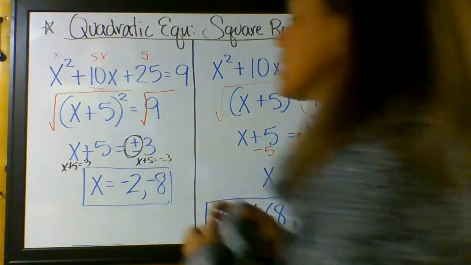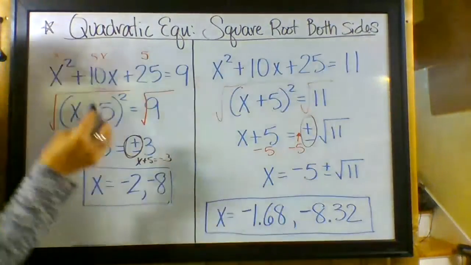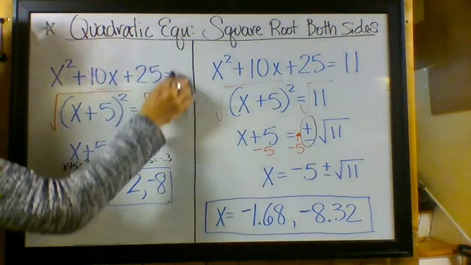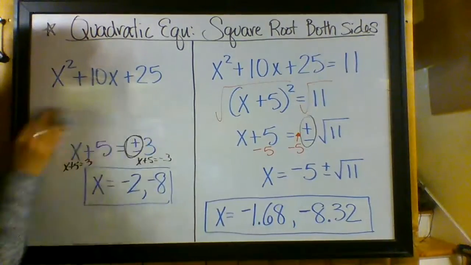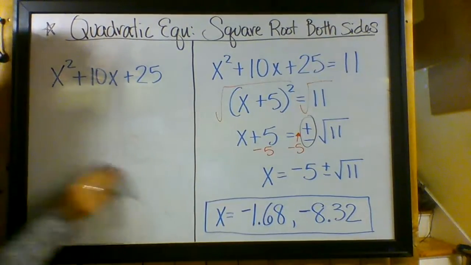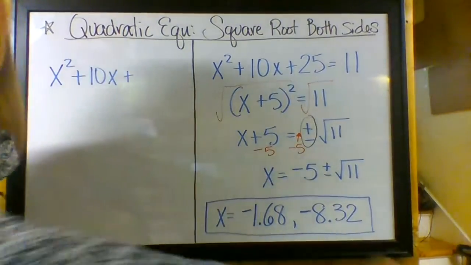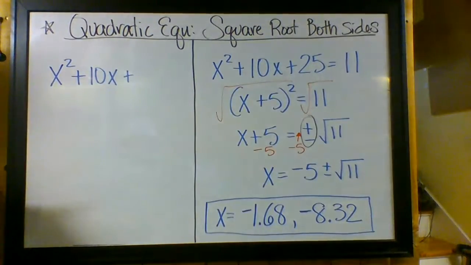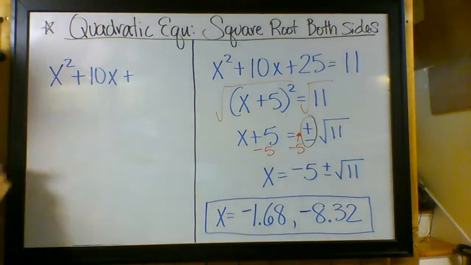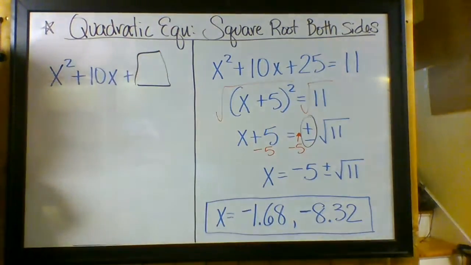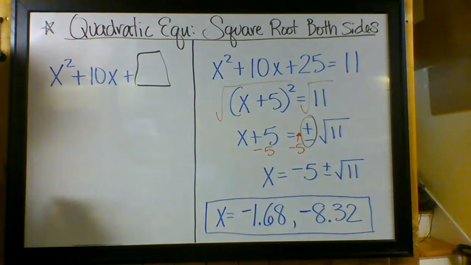In addition to this, though, let's take a look at this problem. What if I didn't have a complete perfect trinomial square, but I needed to make one? So we're going to take a look at this. Let's say I'm given this x squared plus 10x plus what goes in the box, right? Plus c, really.